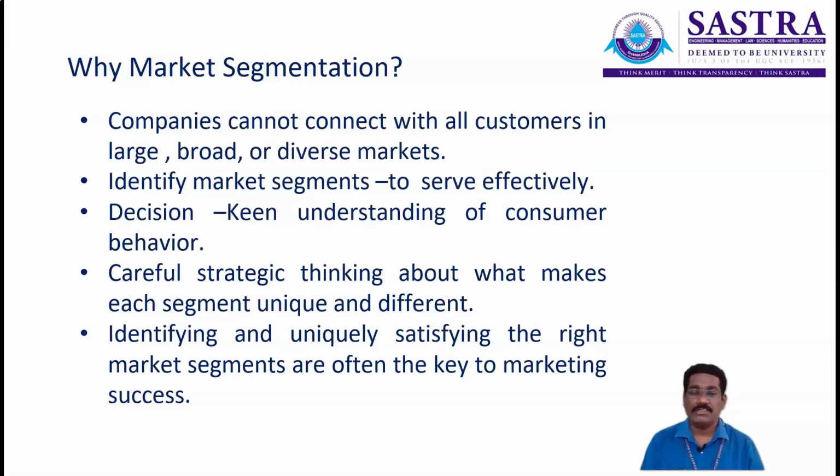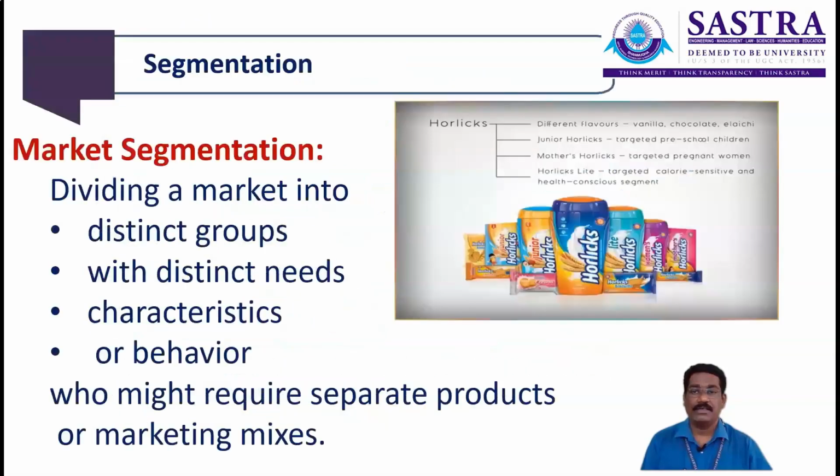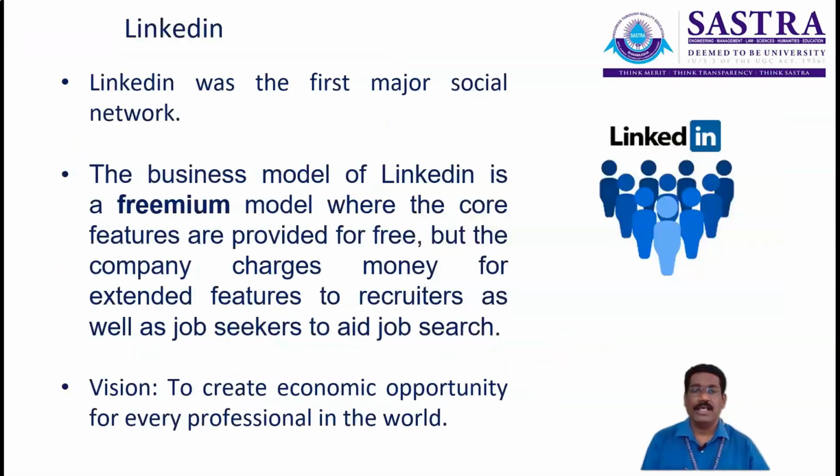And in case of a service product, you need another 3 elements of the extended marketing mix: people, process, and physical evidence. Okay, hope you understand why a marketer goes for segmentation.